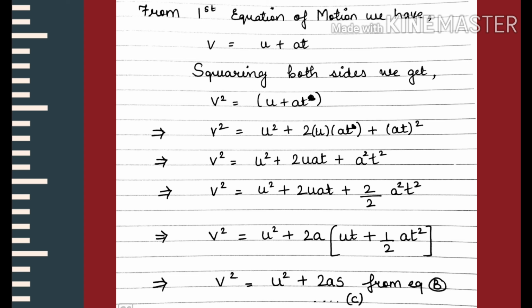Do you remember something? ut plus half at square. What is it? Yes, it is the second equation of motion, which is equal to s. So what we finally get is v square is equal to u square plus 2as, which is the third equation of motion. Isn't it very simple?